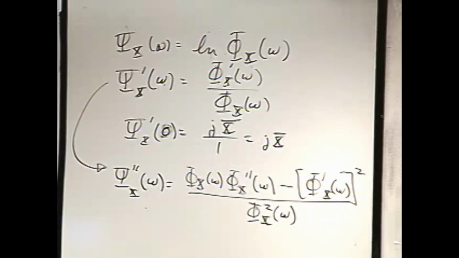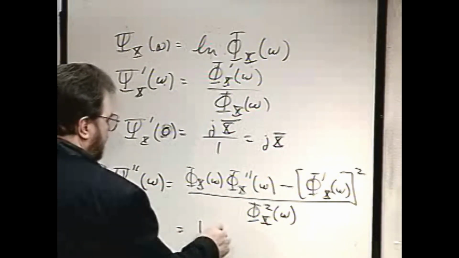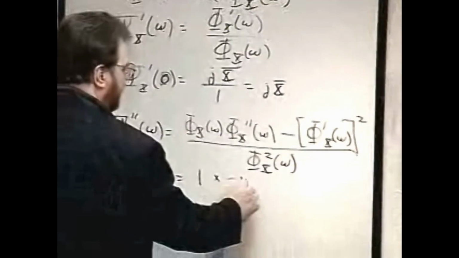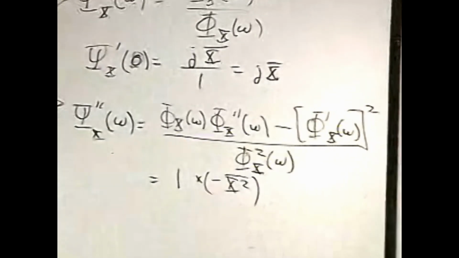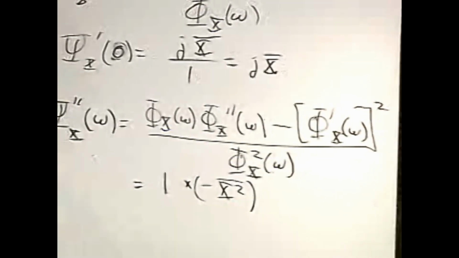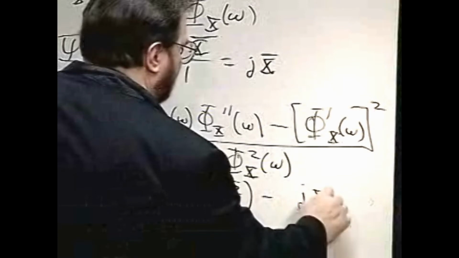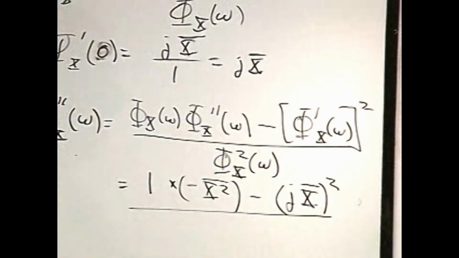So therefore we obtain 1 times what is this evaluated at the origin? We said that was equal to minus the second moment, correct? Then we subtract off this j times x bar squared, because that's what the first derivative evaluated at the origin is.